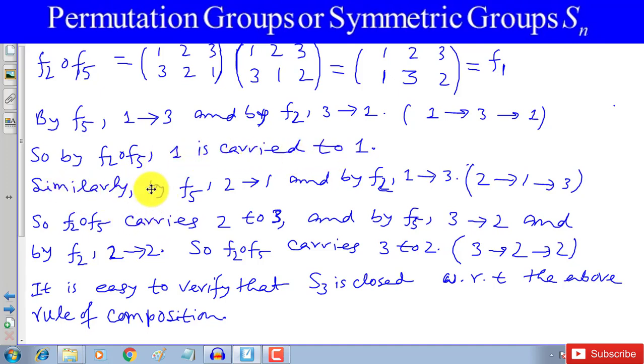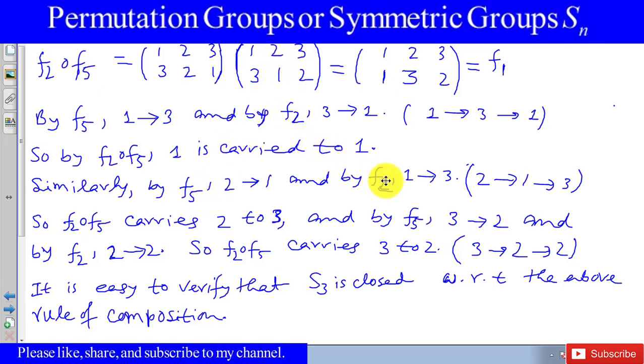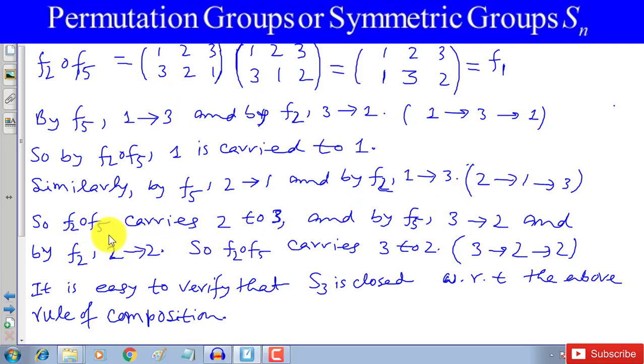Similarly, by f5, 2 goes to 1, and by f2, 1 goes to 3. So 2 goes to 1 and 1 goes to 3, so f2 composed with f5 carries 2 to 3.